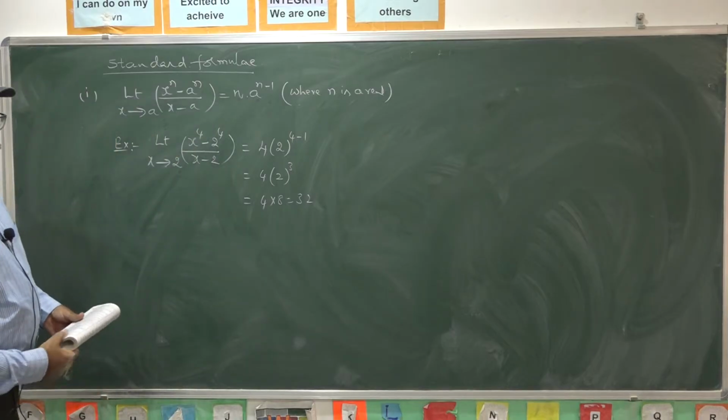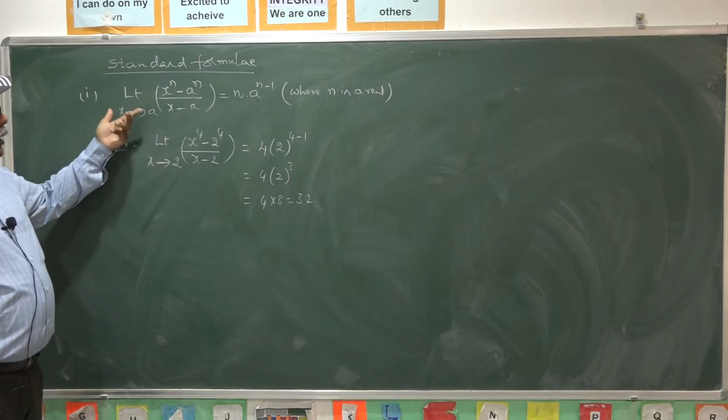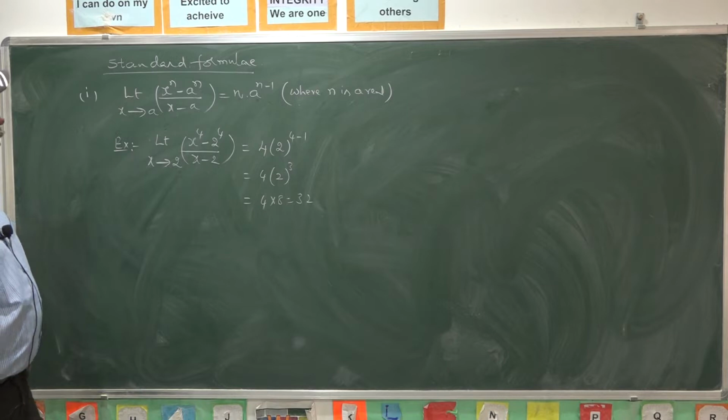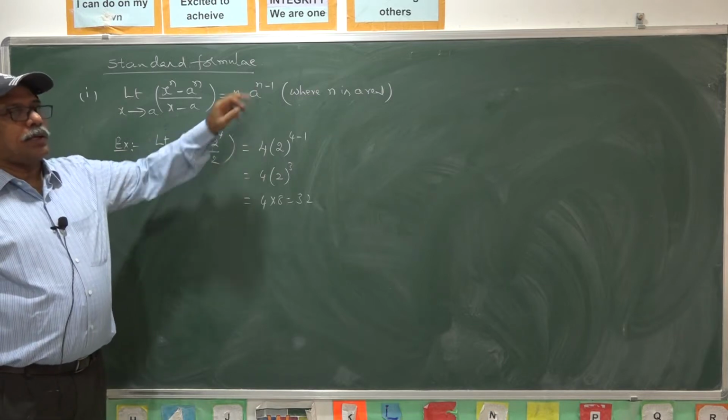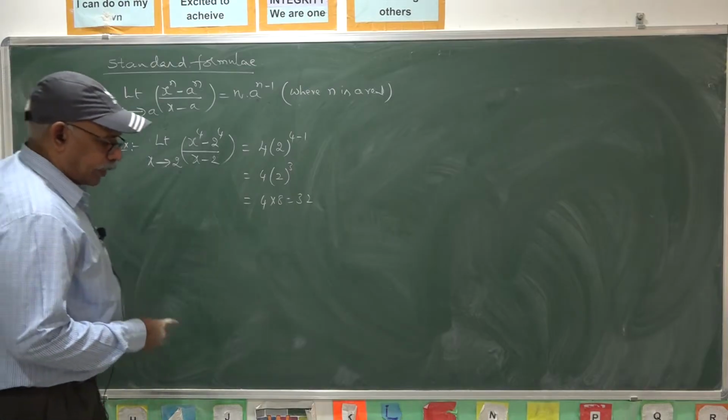In such cases, you can apply this formula, limit as x goes to a, (x^n minus a^n) by (x minus a) equal to n into a^(n minus 1). This is one important formula.